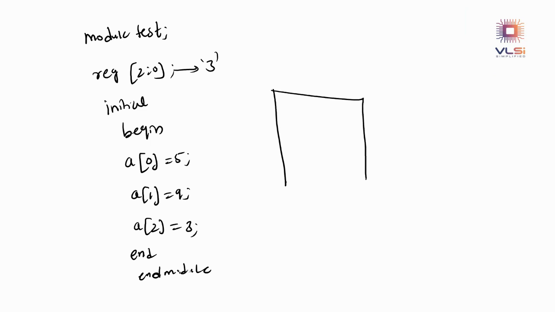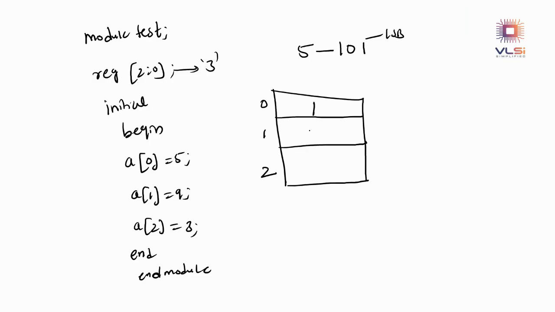So that means it will store vertically. Here three locations are there: location 0, location 1 and location 2. Normally 5 in binary is 101, so whatever the LSB bit is, that will be stored.